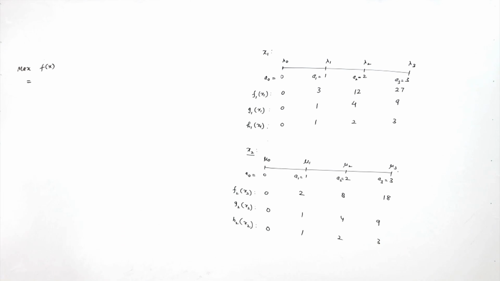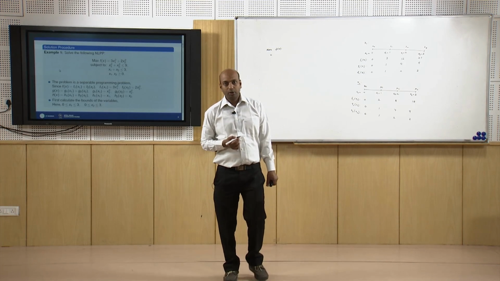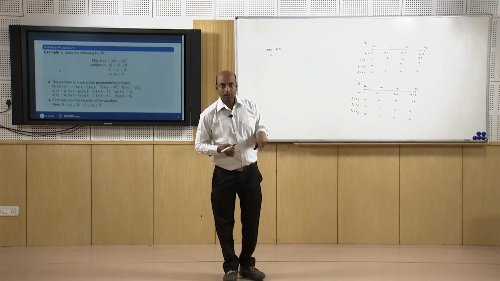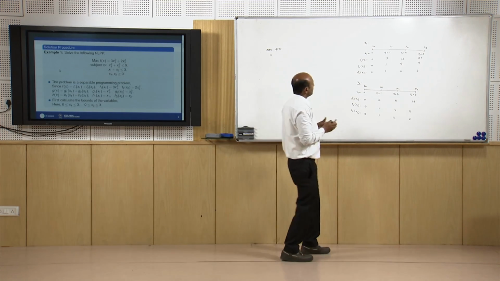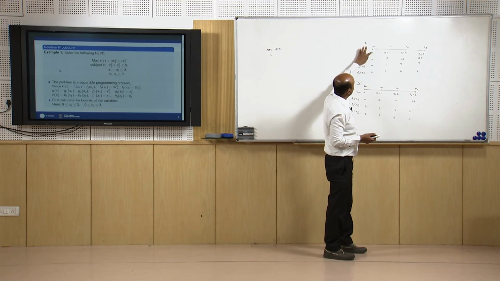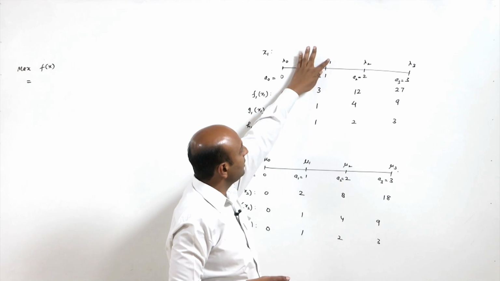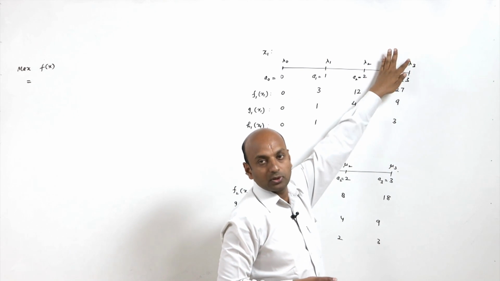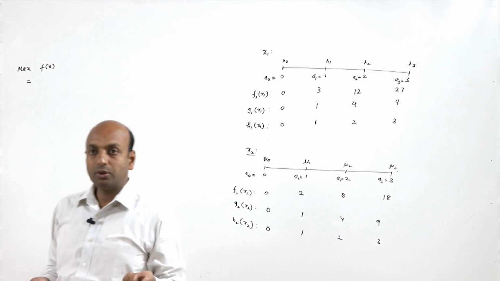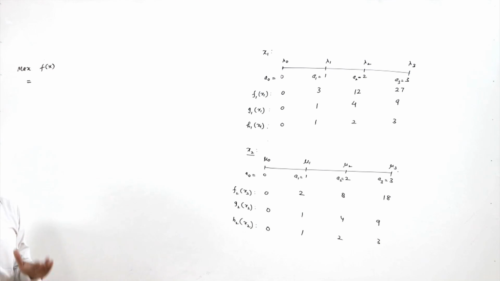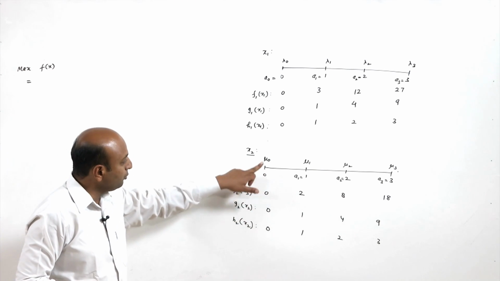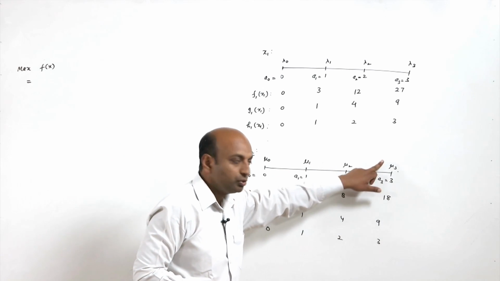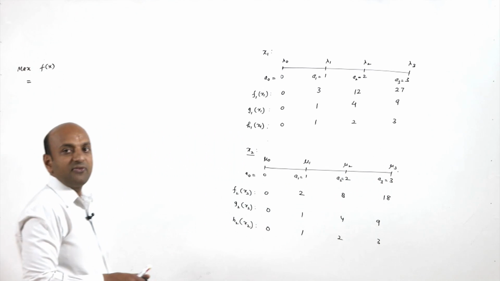So how to write fx? Fx is nothing but f1 x1 plus f2 x2. We first find the linear approximation of f1 x1. The linear approximation of f1 x1 is 0 into lambda naught, 3 into lambda 1, 12 into lambda 2, 27 into lambda 3, plus f2 x2. How to find the approximation of f2 x2? That is 0 into mu naught, 2 into mu 1, 8 into mu 2, 18 into mu 3. So what will be fx?